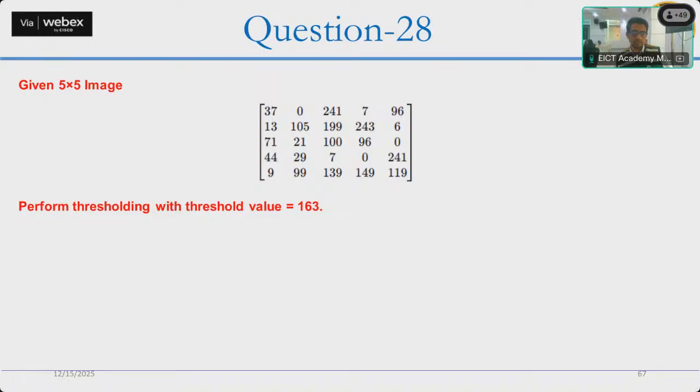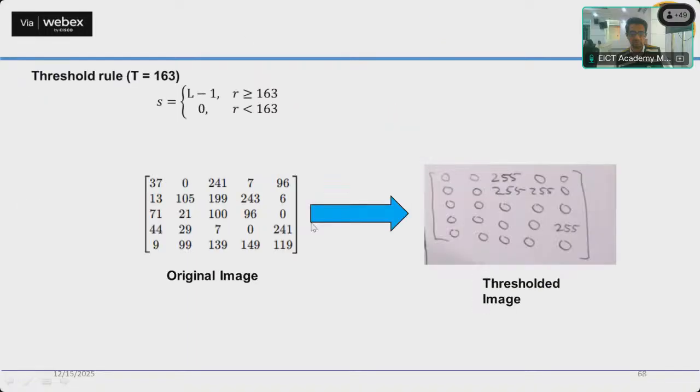In another problem, it is given that perform thresholding with threshold value equal to 163. What do you mean by this? Again, thresholding means forming a boundary. If the values are above this threshold, then they are maximum, otherwise they are minimum.